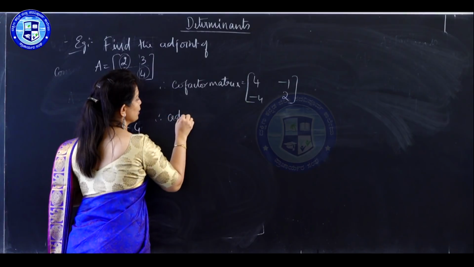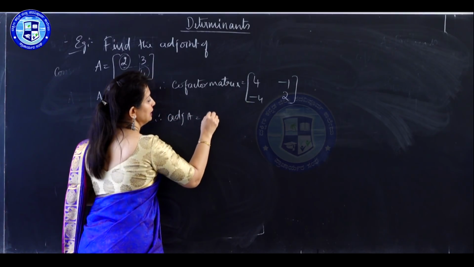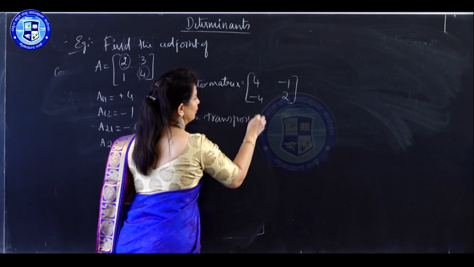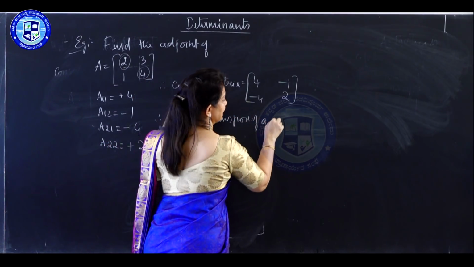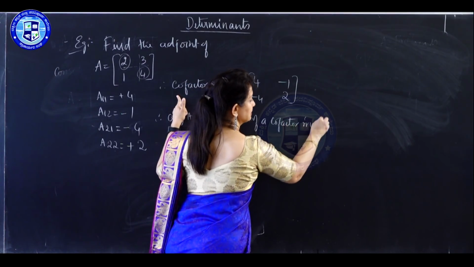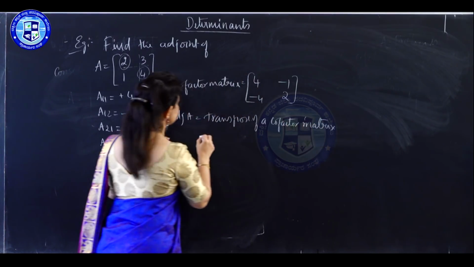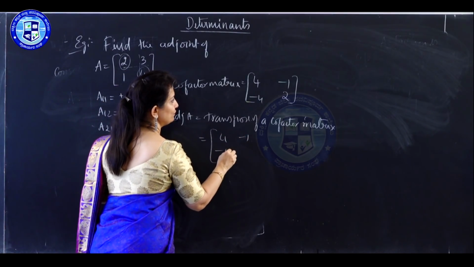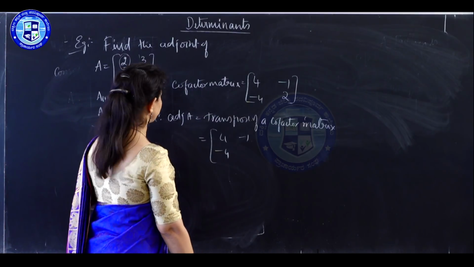Therefore, adjoint A is equal to the transpose of the cofactor matrix, which is the transpose of 4, minus 1, minus 4, 2.